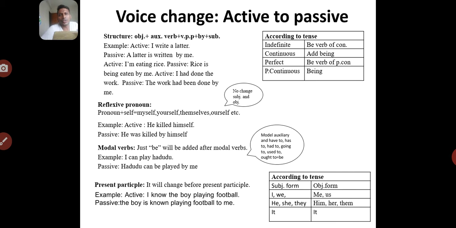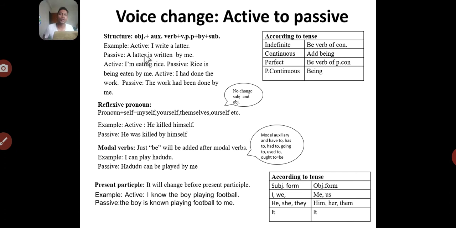So come to the next point: why is letter coming first in the answer sheet? According to tense there is a structure. If the sentence is interrogative, we will use the be verb of continuous. If the sentence is continuous, we will use being after the be verb.